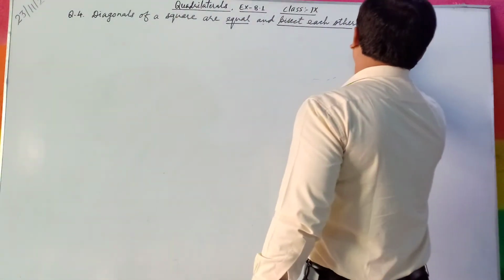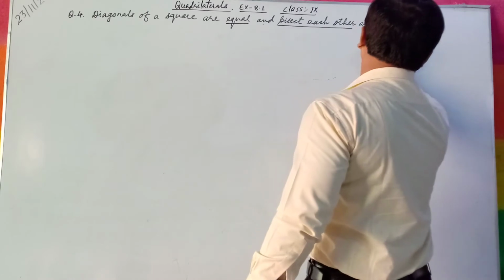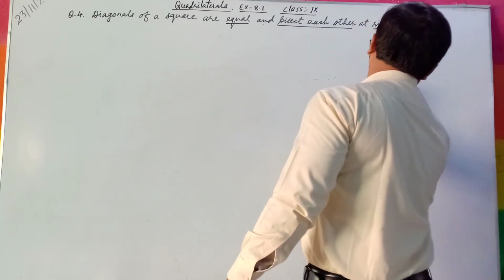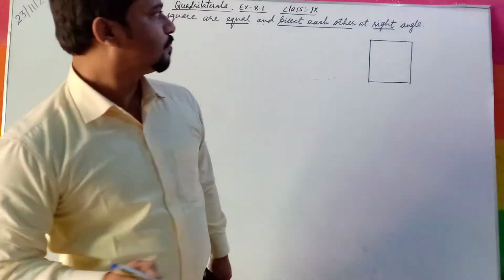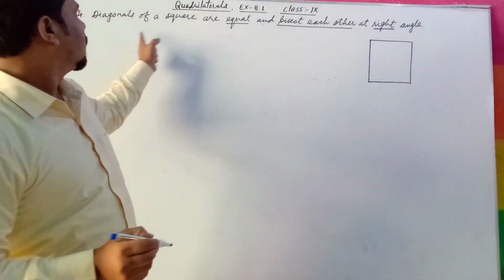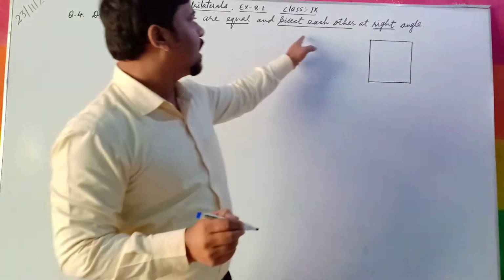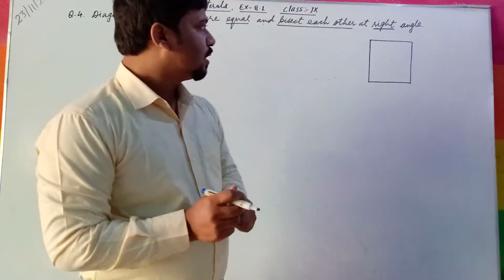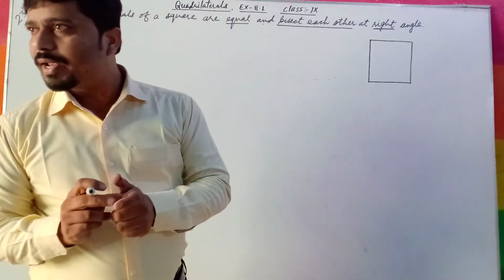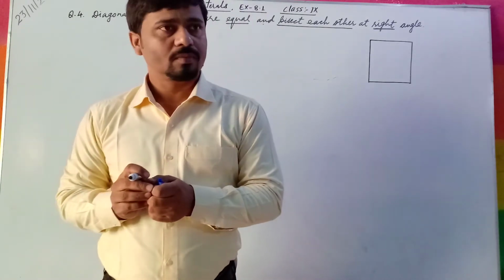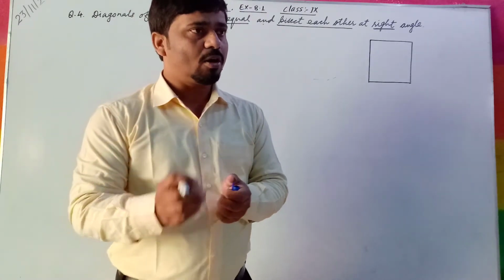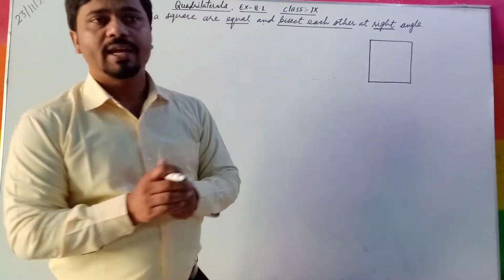So before proving, you have to recall this is the square. Diagonals of a square are equal and bisect each other at right angle. Before proving, we have to recall all the properties of this square.